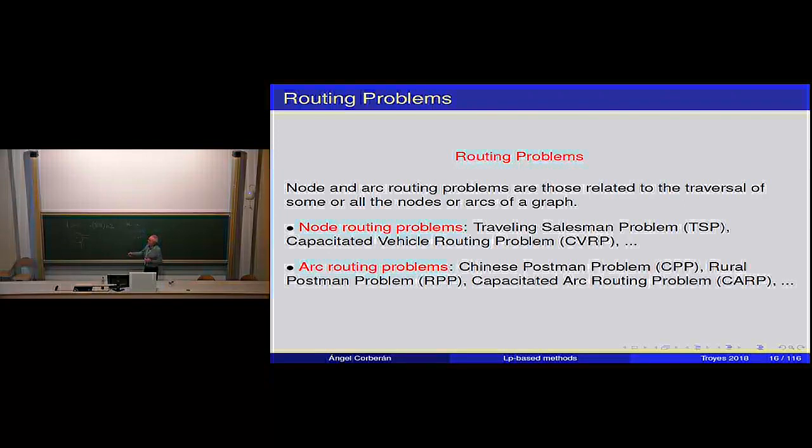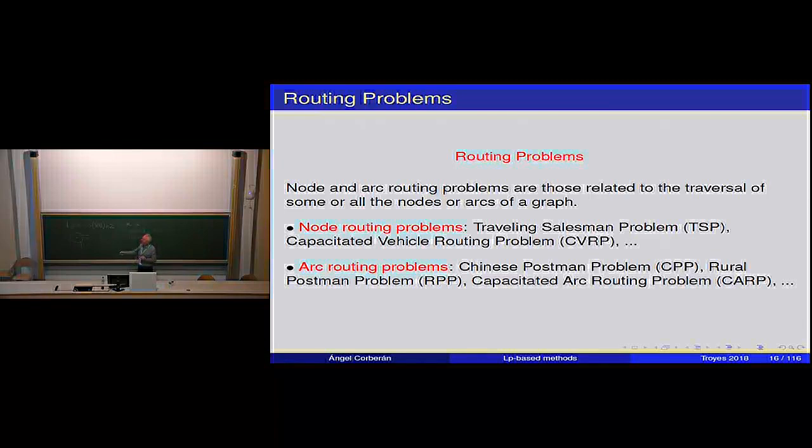And as you know, node and arc routing problems are those related to the traversal of vertices or arcs of a graph. Among the node routing problems, the most famous ones are the traveling salesman problem and the CVRP that have been presented in this conference.